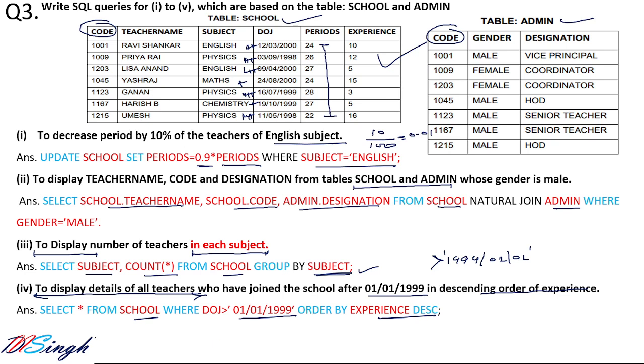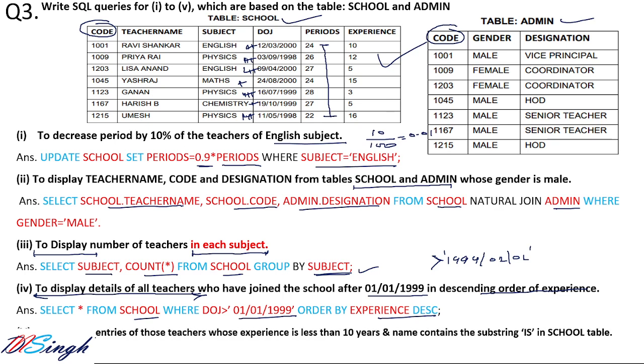Let us move to the next question. Delete all the entries of those teachers whose experience is less than 10 years and name containing the substring is in the school table. There is a keyword in SQL called like, which is used for pattern matching. If I want to match a substring, that substring should be there in the name.